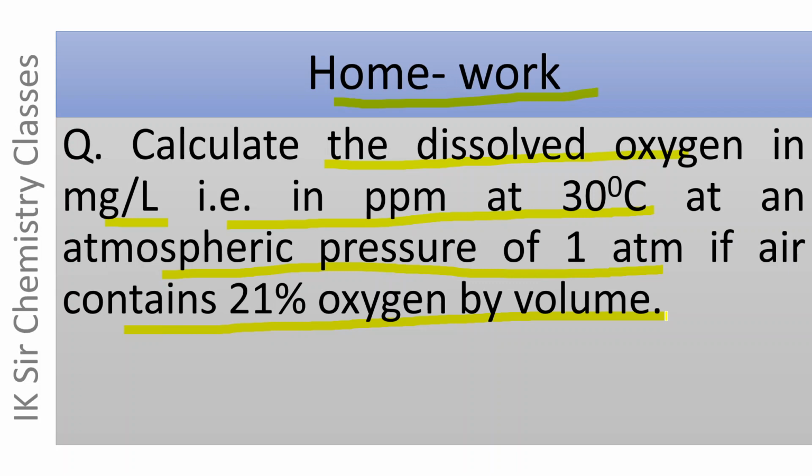Air contains 21% O2 by volume and the atmospheric pressure is 1 atm, the temperature is 30 degrees centigrade, then we have to calculate the dissolved oxygen in milligram per liter. This is quite an easy problem. You can solve it very easily if you have understood the previous discussions clearly.